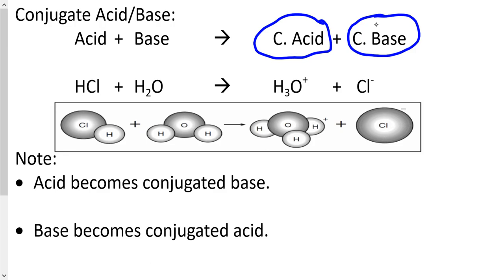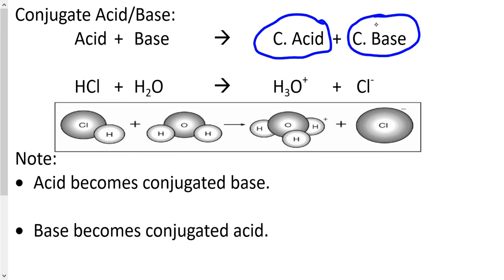So this is an acid-base reaction where we're using acid and base to react with each other to form conjugate acid and conjugate base. So in this case, we are using water, which is an amphoteric substance, meaning a substance that can either act as an acid or the same exact substance can act as a base.